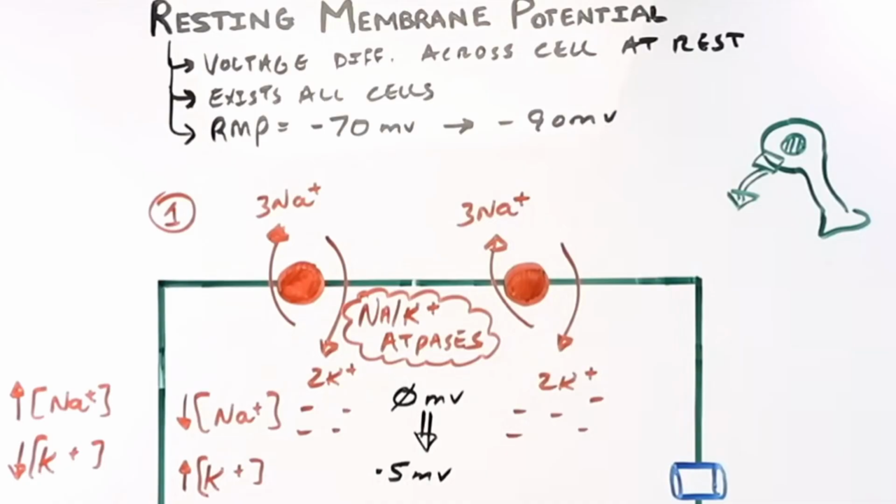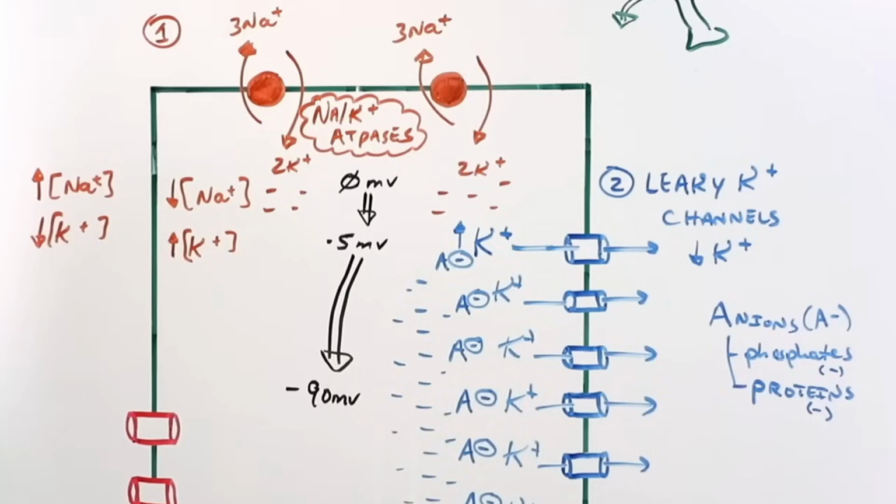Okay? Now, the next reason, which is probably the major reason for the negativity inside the cell, is our potassium leaky channels. As we see here, there are more potassium leaky channels than there are sodium-potassium ATPases. And not only that, it happens more frequently.